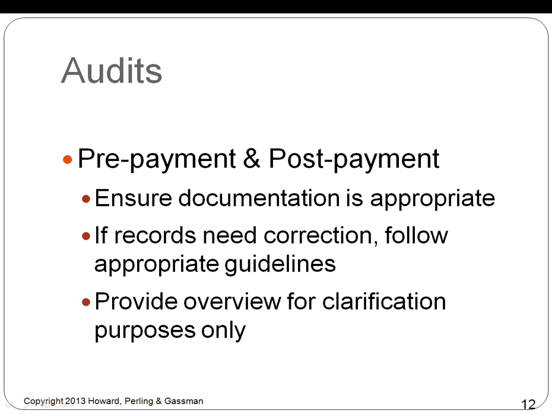Trying to make it easy for the auditor, without committing fraud or falsifying the record, by giving the auditor a path to follow is helpful because they don't have a lot of time for each record. The more quickly they can see the information they're looking for, particularly what's tied to an LCD, or local coverage determination, if there is one, the better chance you have of getting that visit approved for payment.